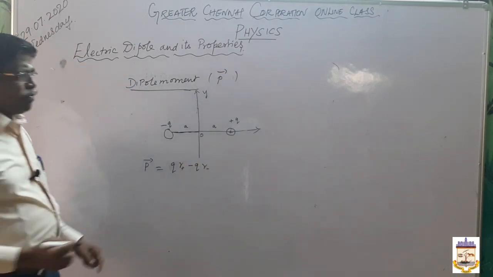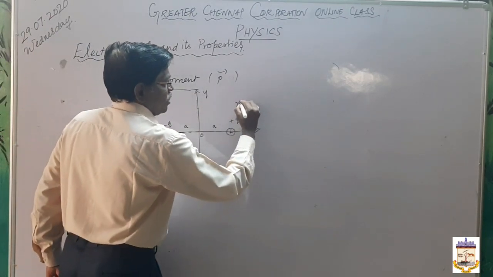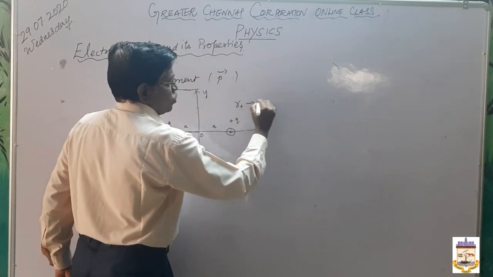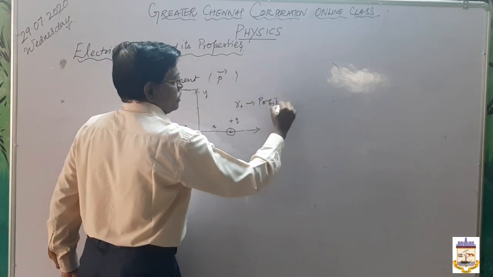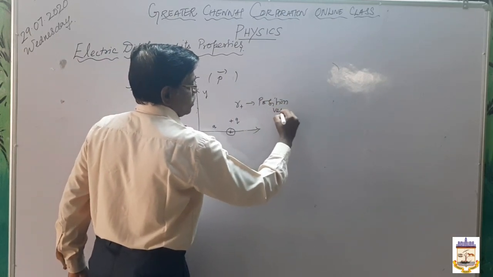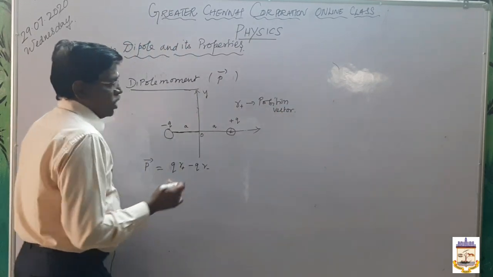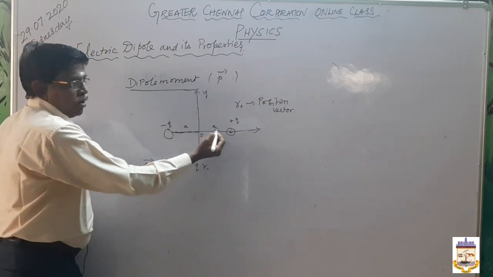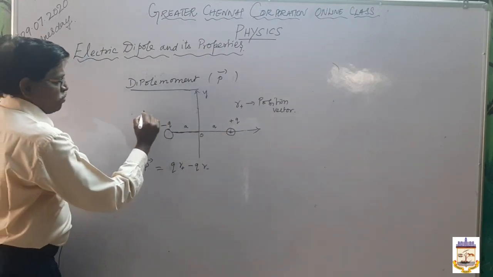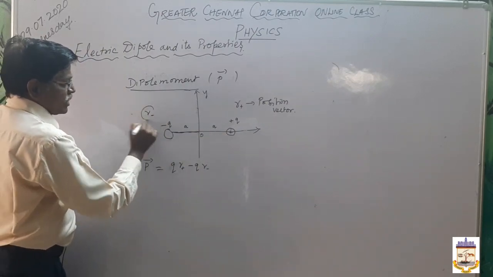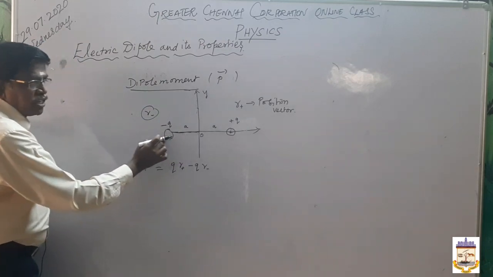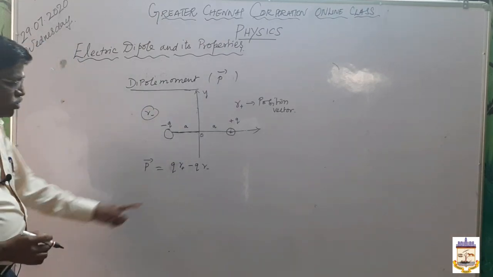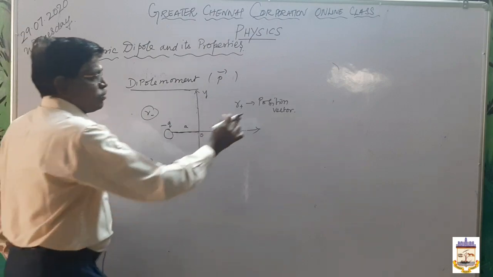What are r plus and r minus? R plus is the position vector of the plus charge from the origin. R minus is the position vector of the charge minus q from the origin.